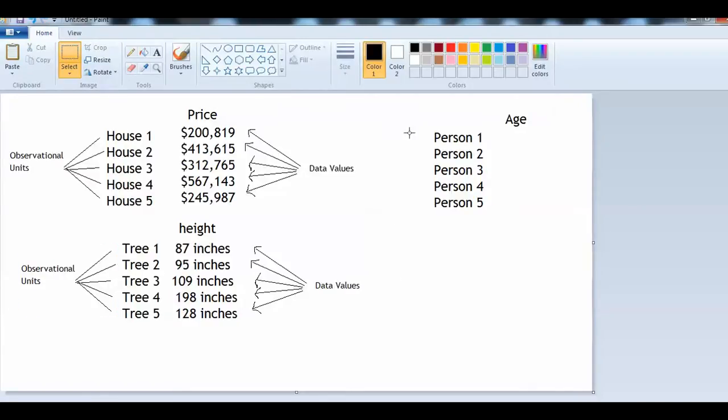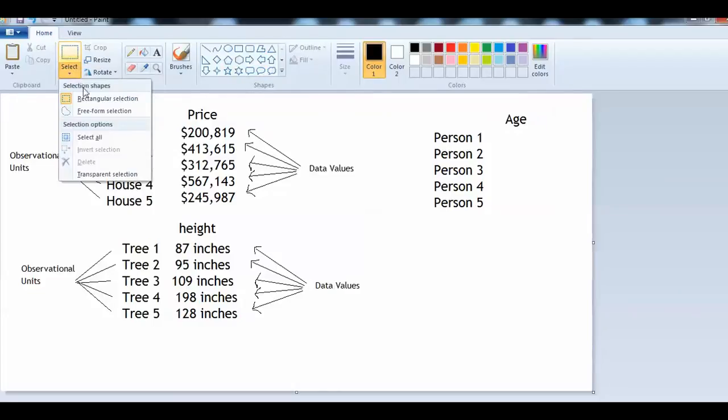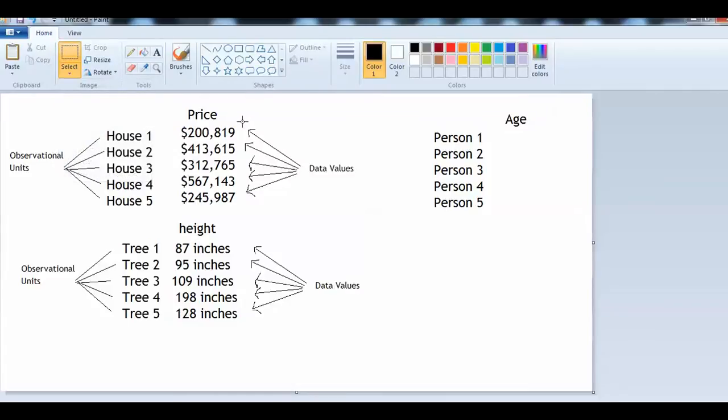And what about over here? Well, I didn't actually put any ages in there yet.